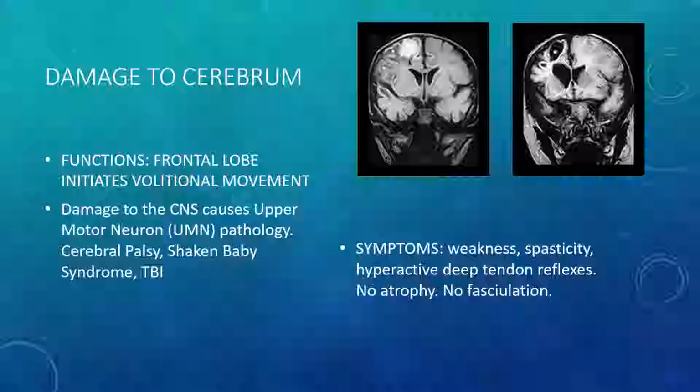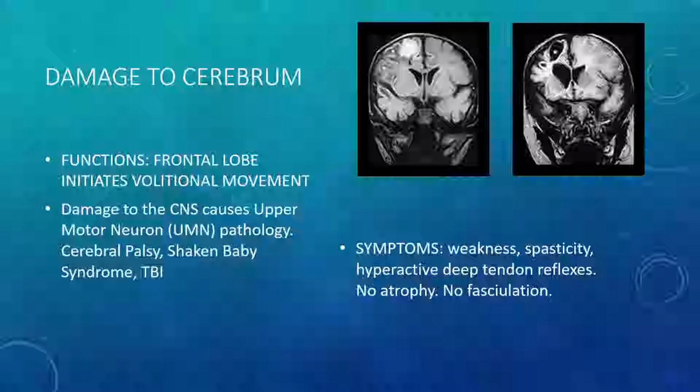And so commonly with the upper motor neuron lesion, there's weakness, spasticity, hyperactive deep tendon reflexes, and generally no atrophy. And fasciculation is just a lot of irregular motor movement. So they do not demonstrate that.